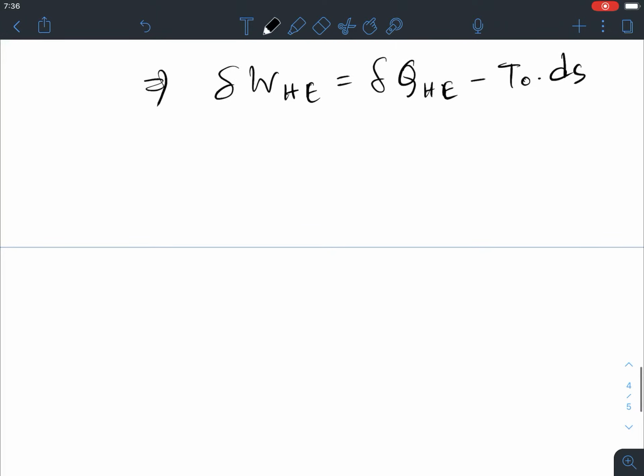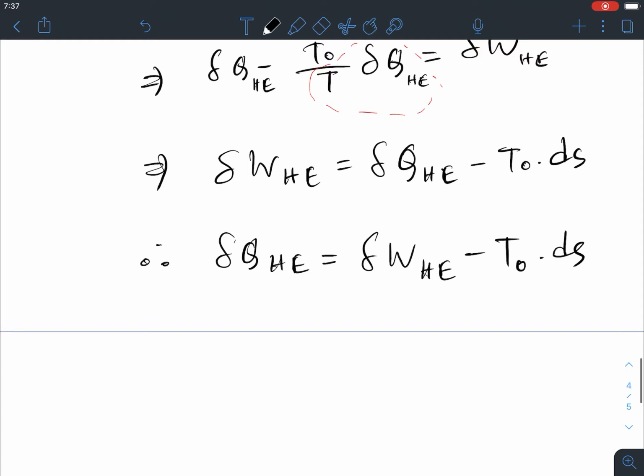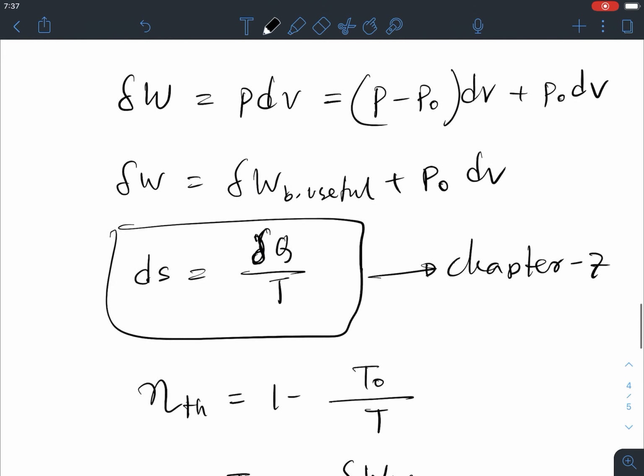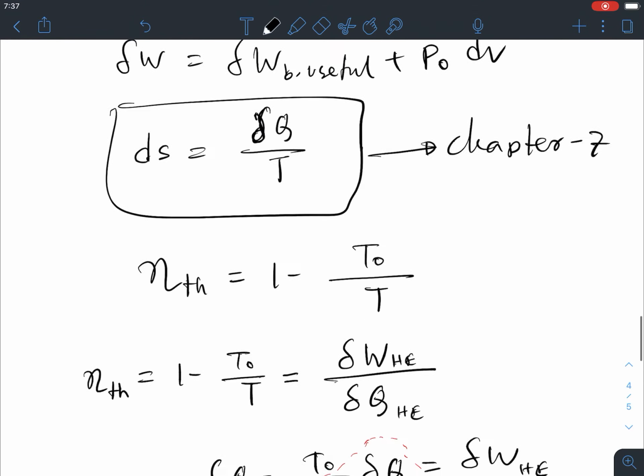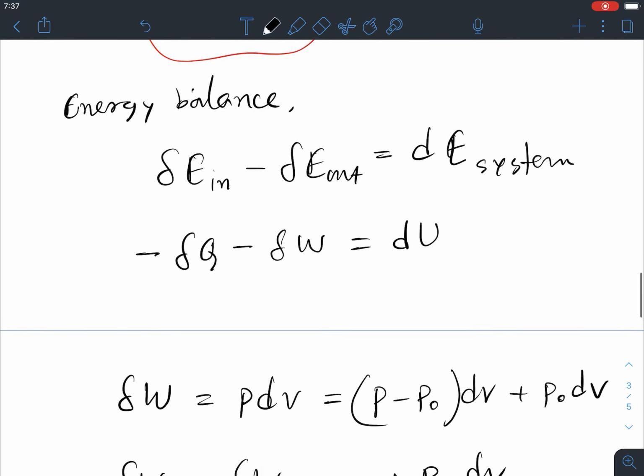We can write it just like this. So that means the delta Q of the heat engine will become the delta W of the heat engine minus dS, right? So that's the relationship. Now we know the delta W expression and the delta Q expression.